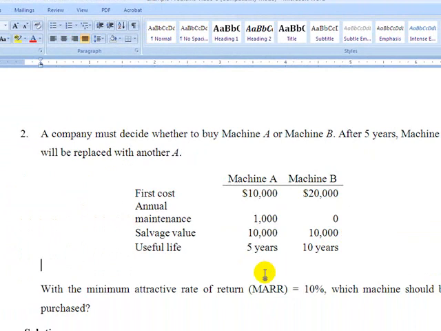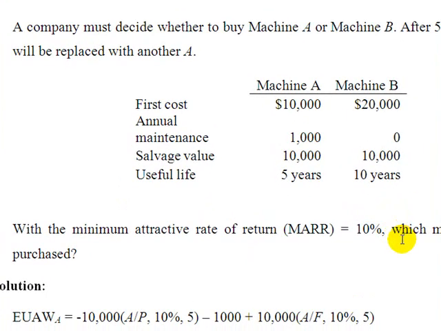Now we need to make a decision whether machine A is good or machine B is good. With the minimum attractive rate of return 10%, so 10% is i for the company, which machine should be purchased? So we will solve this problem for 10 years because that's the useful life for machine B.